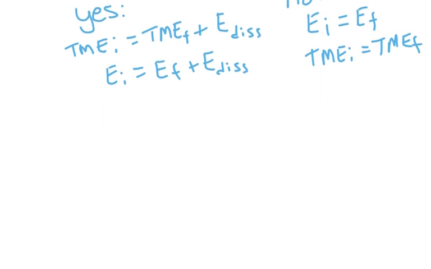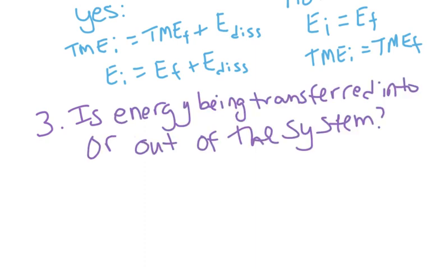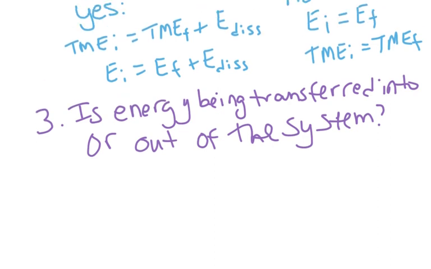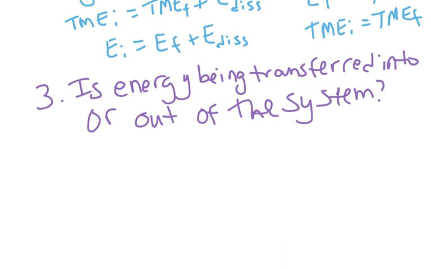All right. Not last but not least, step 3. Is energy being transferred into or out of the system? Okay, so is there something that is not inside our defined system that is doing something to add energy into the system?